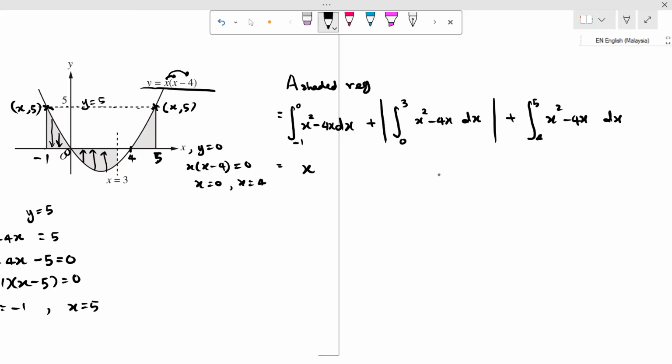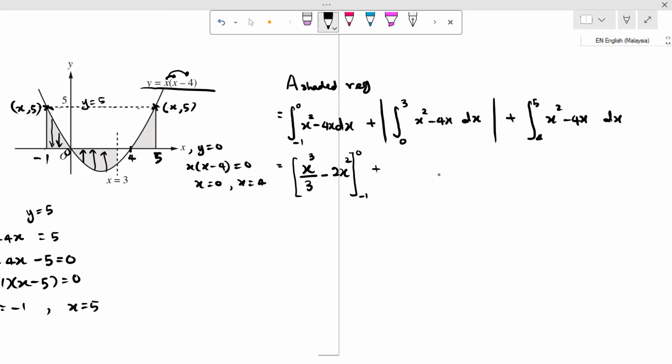So x to the power of 3 over 3 minus 4x squared over 2, which is 2x squared. Because if you differentiate, you bring the 2 down, you get back 4x. And then your boundary is -1, 0.